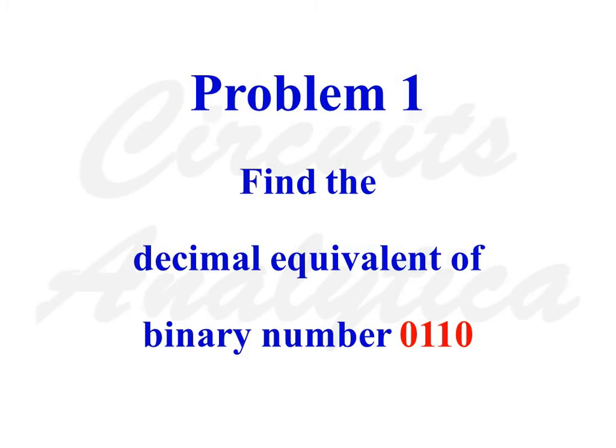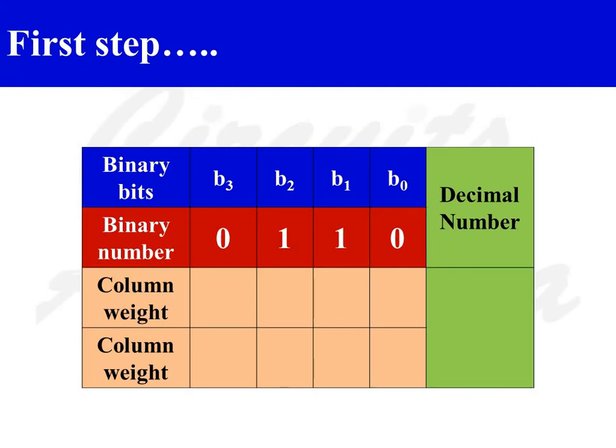First problem, find the decimal equivalent of binary number 0, 1, 1, 0. First step is to write down the binary number. So here the binary number is 0, 1, 1, 0.